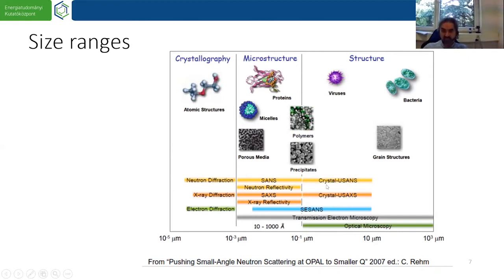So this needs a special instrumentation, a double crystal or a double bent crystal as monochromator, but still this technique and all the formalism, it's the small angle scattering. Now, as you see here by these bars, the transmission electron microscopy covers again all these ranges, and for big particles starting from viruses also optical microscopy can be used.